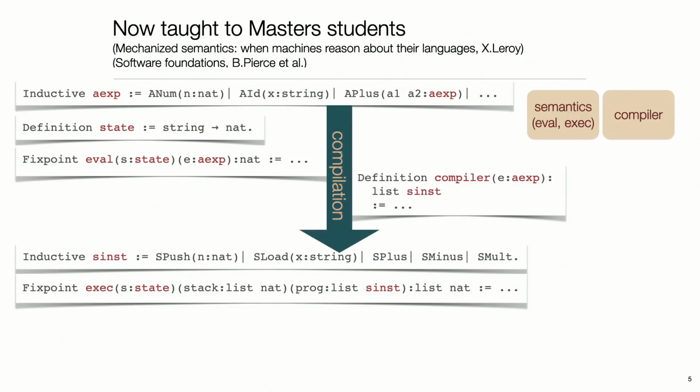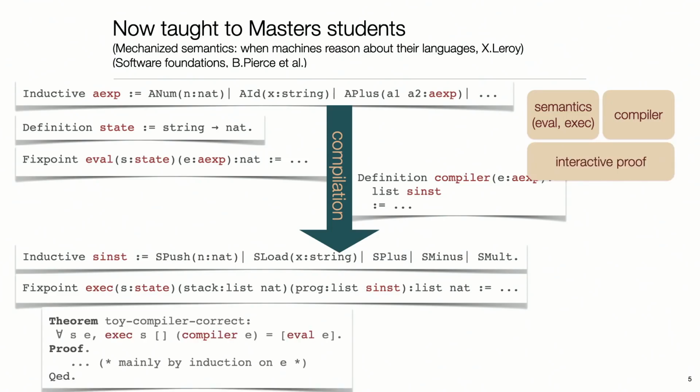Let's suppose now that we have another function, the compiler. Here, this is a very simple compiler. It performs a single pass to translate arithmetic expressions into machine expressions. Once you have the semantics for your source and target languages, and once you have your compiler, you can state the correctness of the compiler using a theorem such as this one.